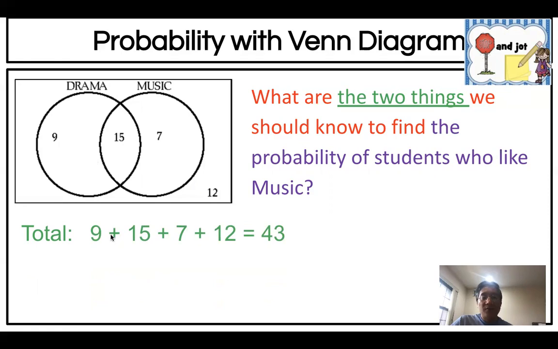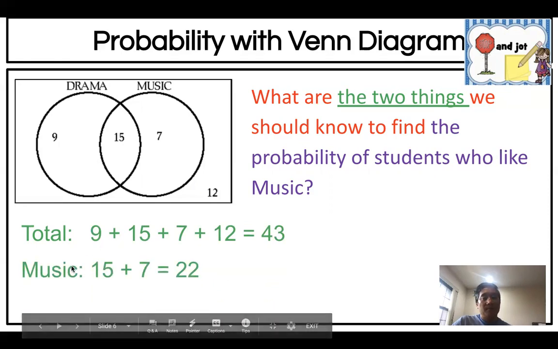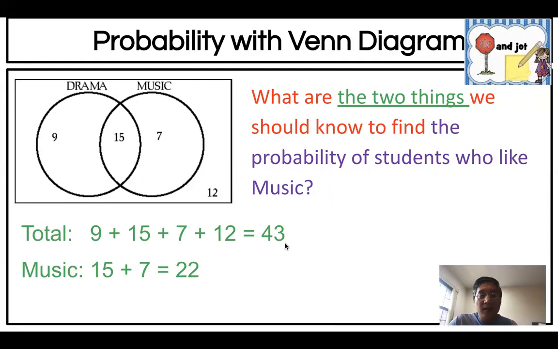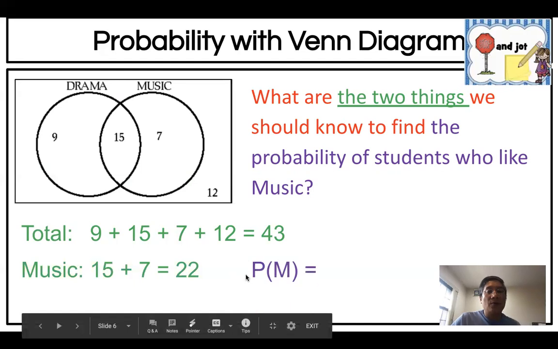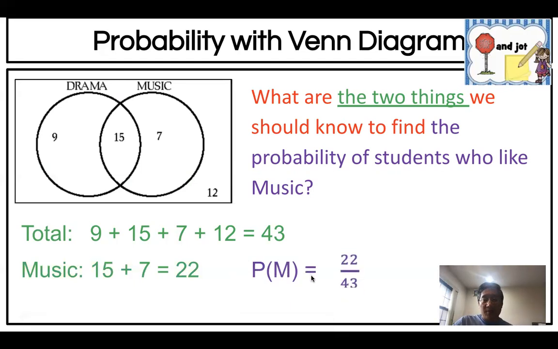Then what is your favorable outcome? Music is 15 plus 7 is 22. Then what is the probability? Yes, 22 over 43. Make sense? So probability is not difficult, right?